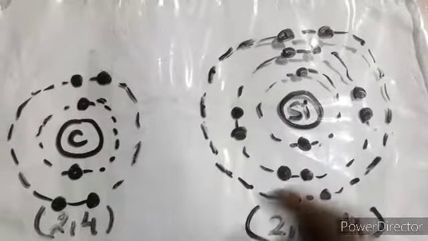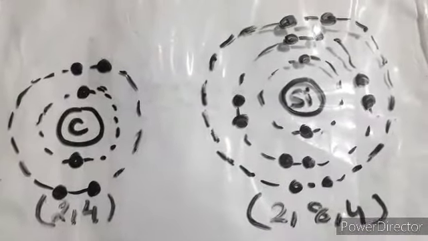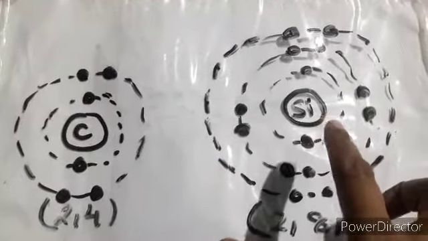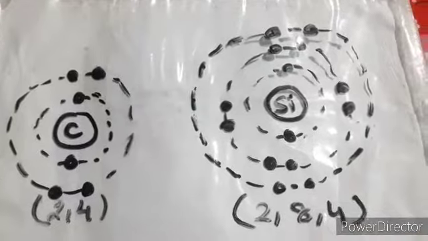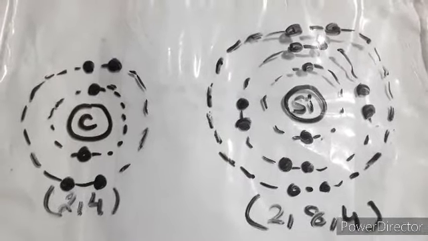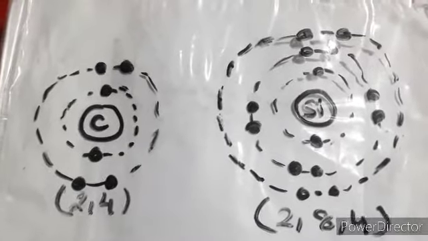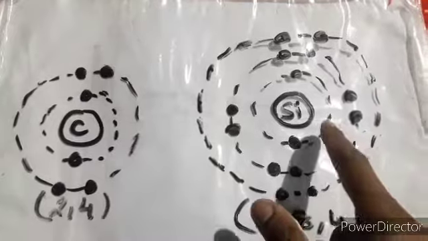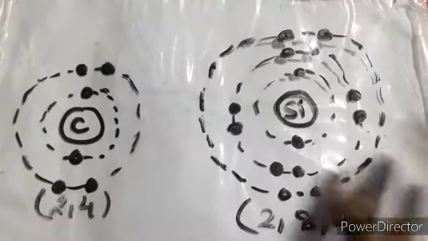Now I think atomic size must be quite clear to you all. Let's focus on silicon, because in groups, when you move down the group, the atomic size always increases. How can you say the atomic size is increasing? Let's focus on the number of shells. The number of shells is increasing, so atomic size is increasing.